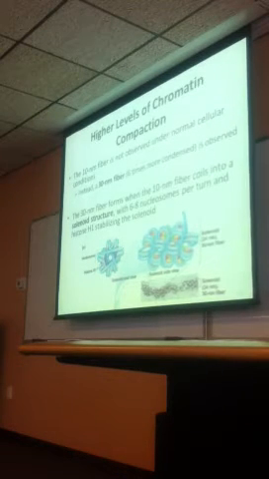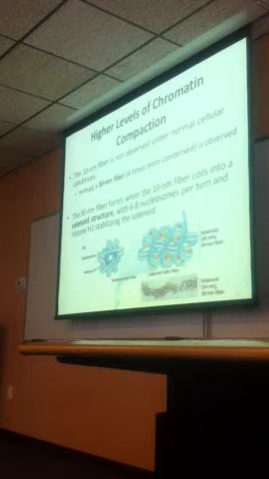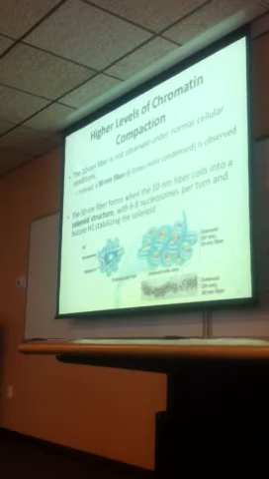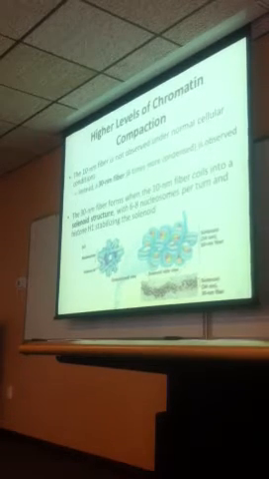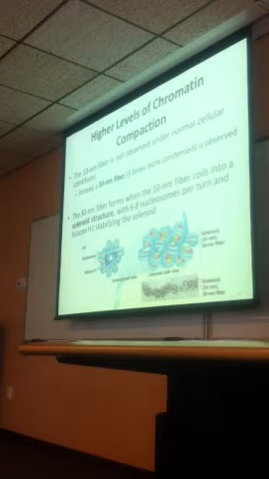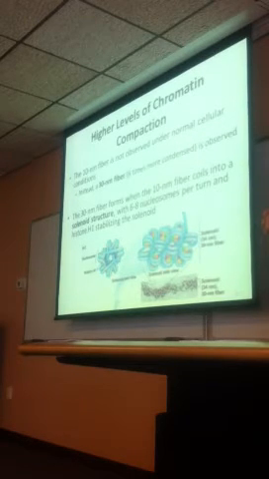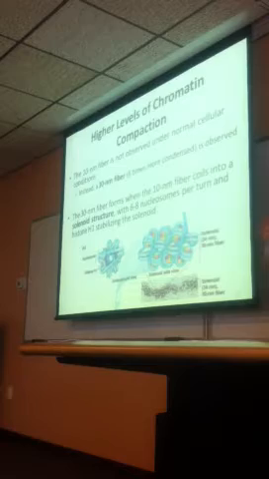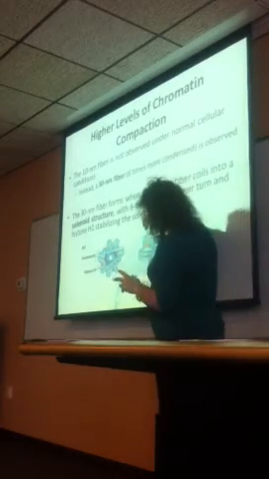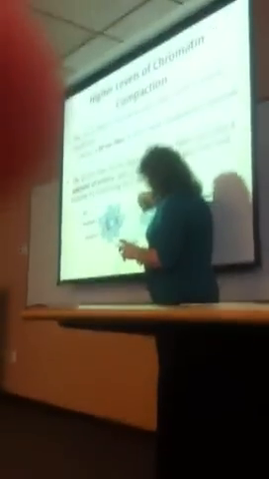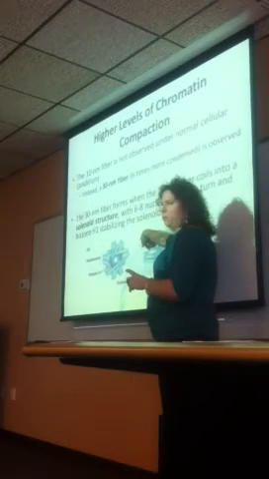Okay, the second level of compaction is that solenoid structure, okay, making the 30 nanometer fiber. So what happens is that each of these nucleosomes has that linker region where H1 is bound.